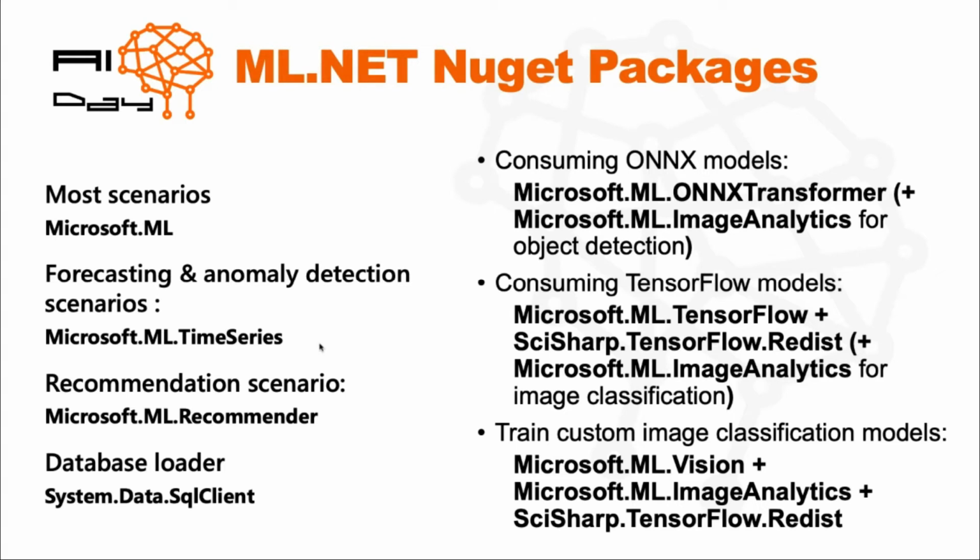If you want to perform anomaly detection, which is another machine learning task, you will definitely include the package Microsoft.ML.TimeSeries, because of course you will analyze data in time. If you want to create a recommendation scenario, there is Microsoft.ML.Recommender. If you are working with image computer vision, you might add this combination of packages.